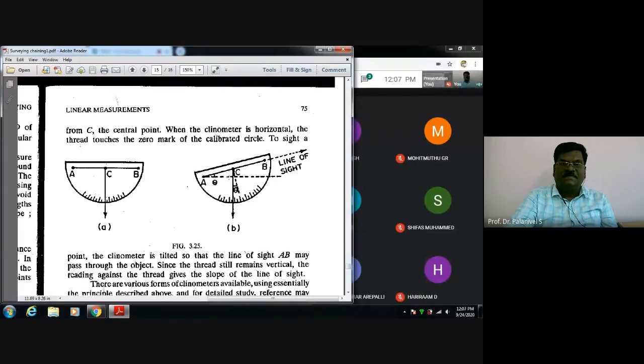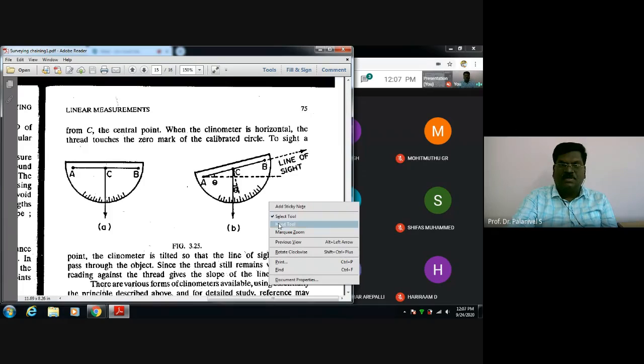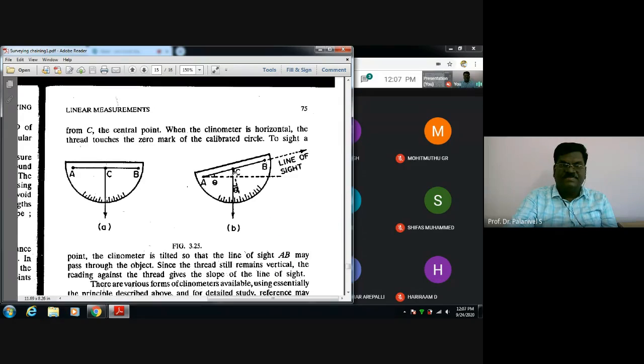This plumb line is perpendicular to the horizontal, and the line of the arc is perpendicular to the survey line AB. So the angle between the perpendiculars being theta means the angle made by AB with the horizontal is theta.